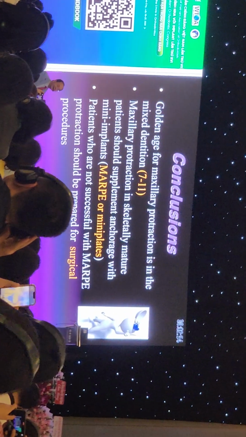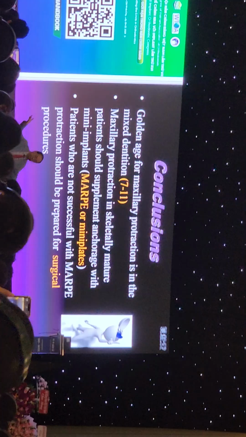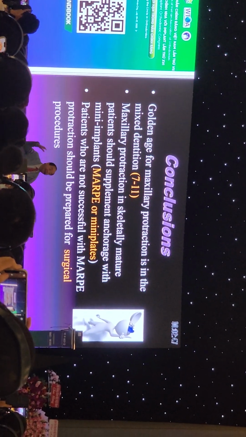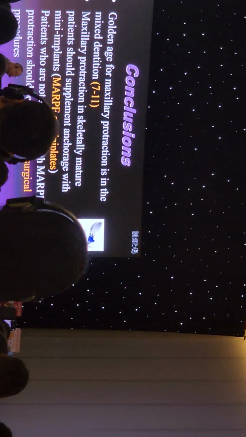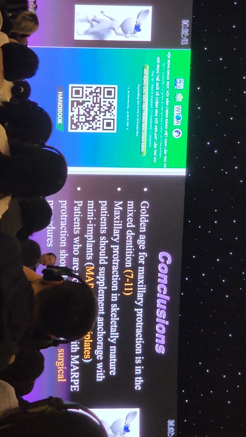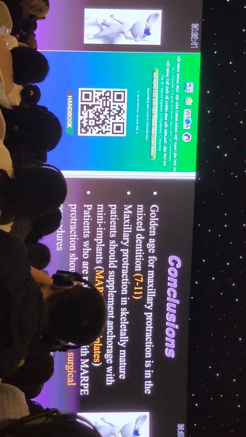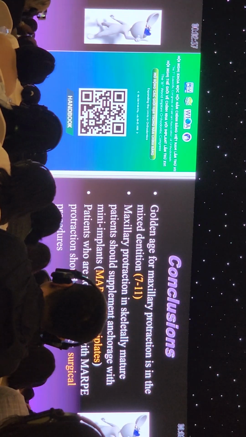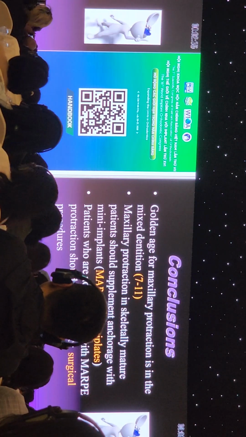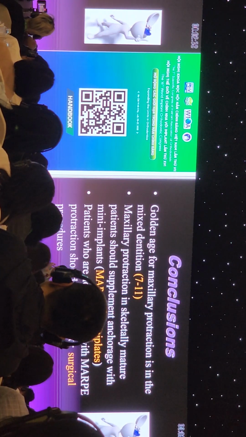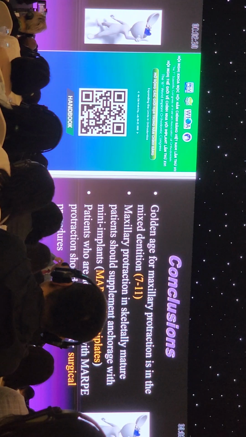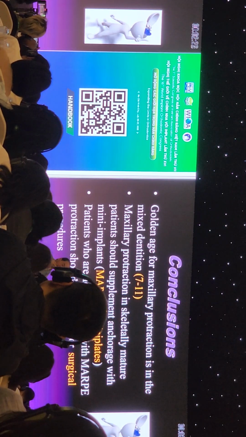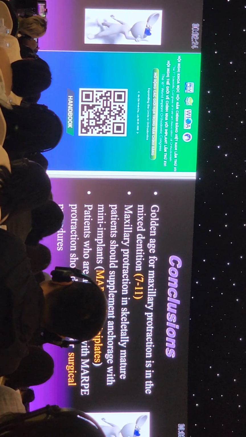So I'm going to conclude my lecture because I answered 3 questions. The golden time for doing maxillary protraction, if the patient wears the face mask, is 7 to 11. If the patient doesn't want an expansion appliance, you can choose clear aligners with the buttons already, and also design your appliance to have maximum retention while the patient is wearing it.